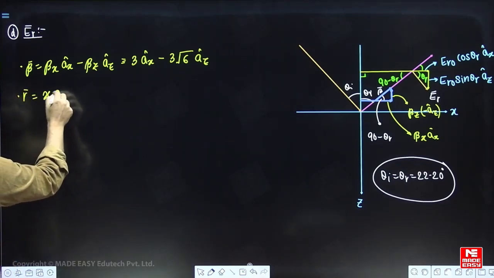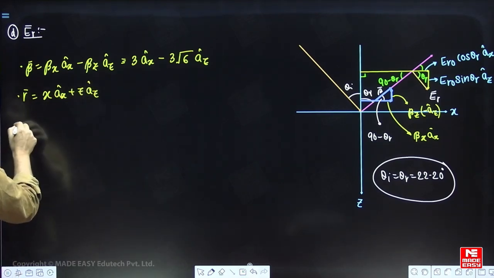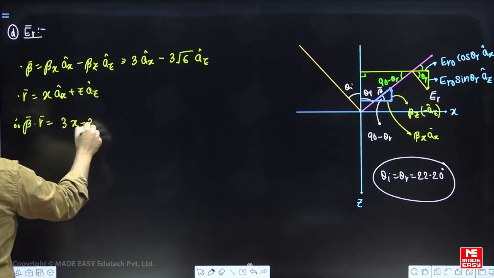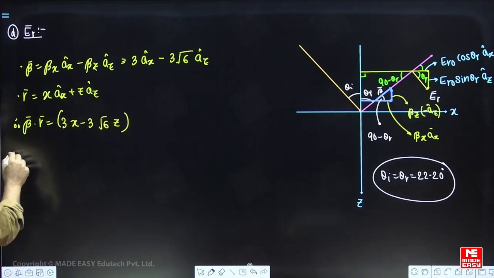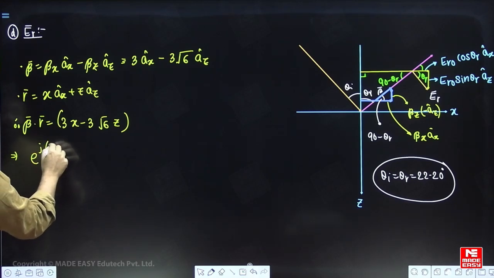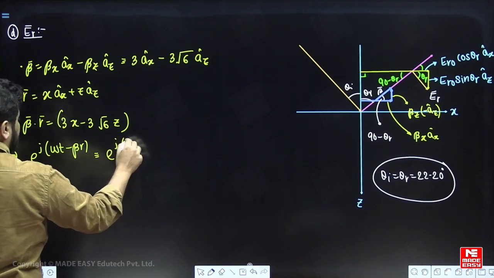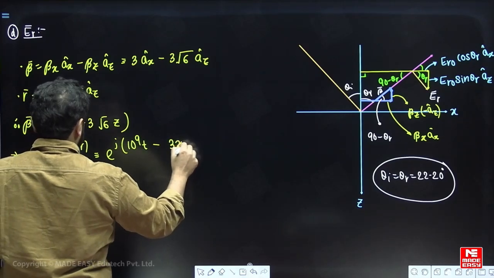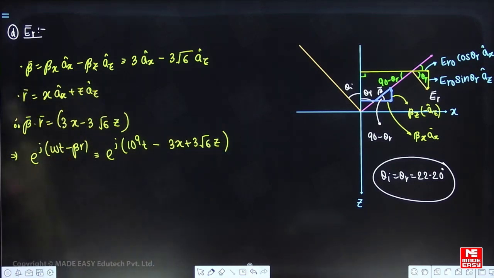R vector will be x ax plus z az. So what is beta dot R? Beta dot R is equal to 3x minus 3 root 6 times z, correct? Therefore e to the power j omega t minus beta dot r can be written as e to the power j 10 to the power 9 t minus 3x plus 3 root 6 z, correct? So this is the value I am going to get.